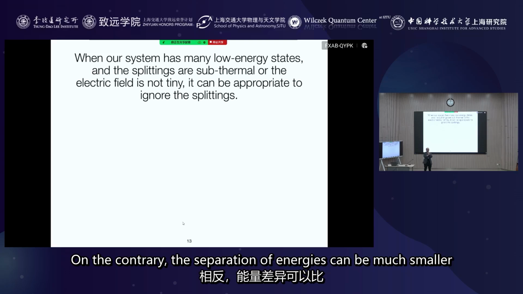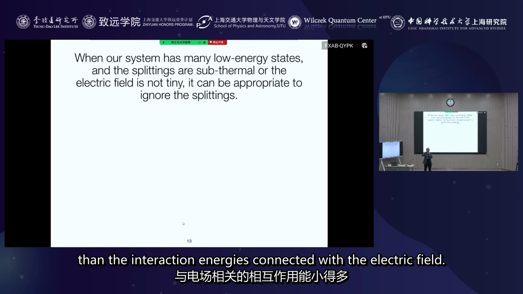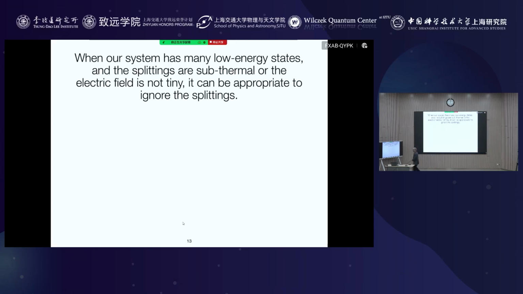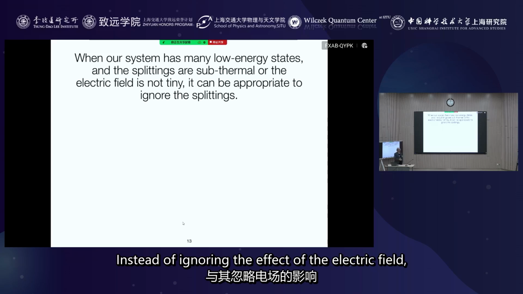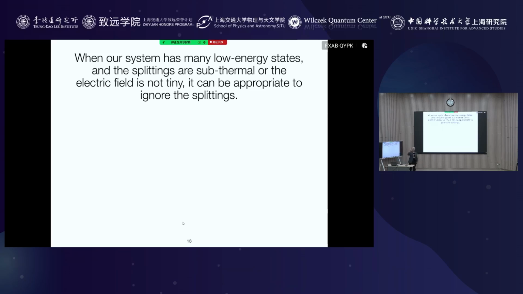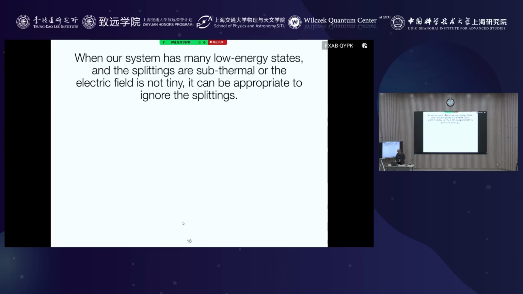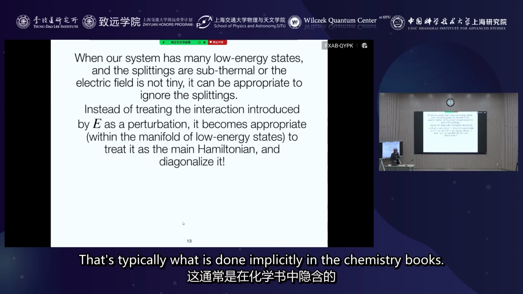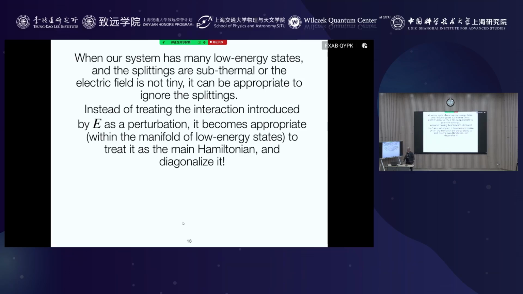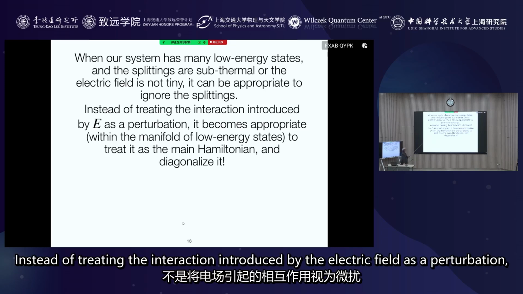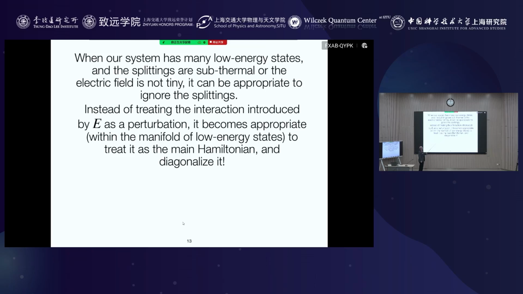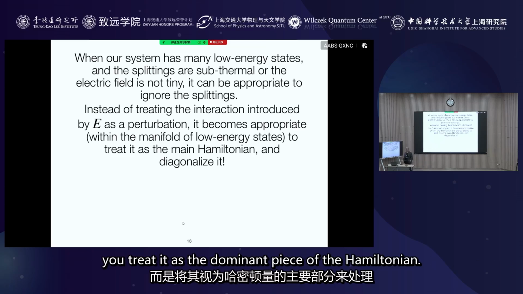On the contrary, the separation of energies can be much smaller than the interaction energies connected with the electric field. So instead of ignoring the effect of the electric field, it can be more appropriate, if you have a lot of close by states, to ignore the splittings between those states. And that's typically what is done implicitly in the chemistry books. Instead of treating the interaction introduced by the electric field as a perturbation, you treat it as the dominant piece of the Hamiltonian.